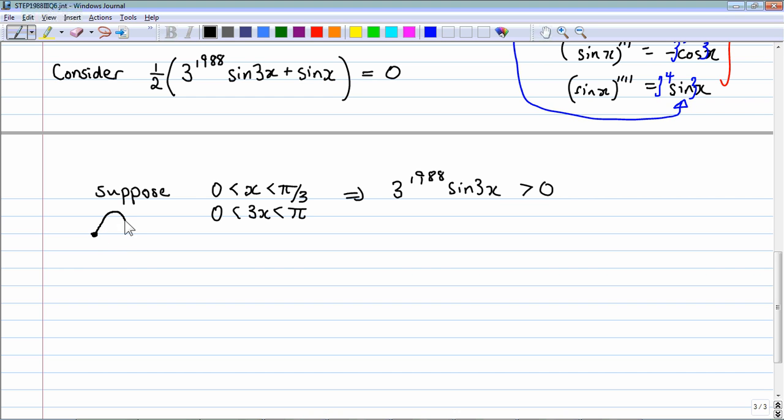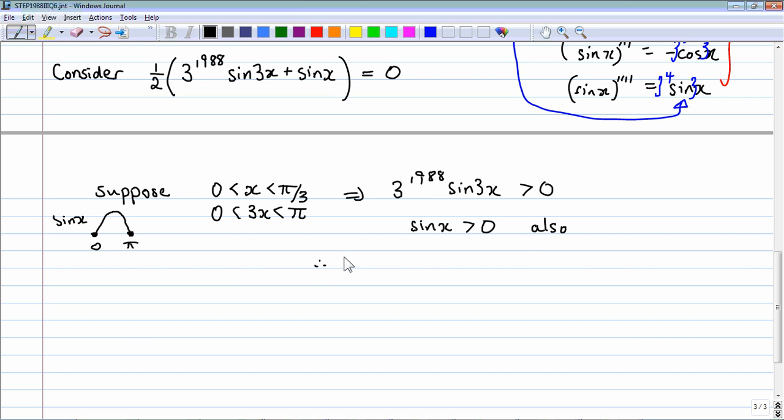So sine, as you know, looks like this between 0 and pi. So that means that in this region the value of sine 3x is positive. Now sine x, by the same token, is also positive in that region.